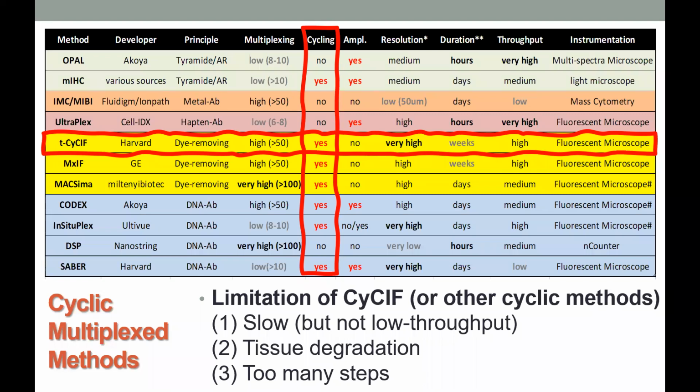But most importantly, I think our constraint here, since you do this kind of cyclic process, is that you might experience some tissue degradation during the wash step or imaging step or all those steps. And also, more steps mean more problems or more chances to get something wrong.